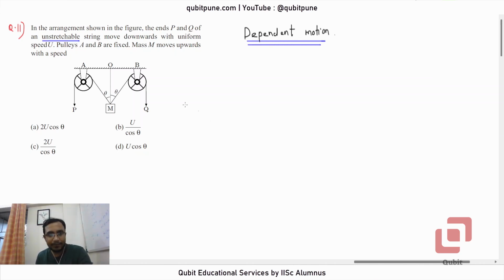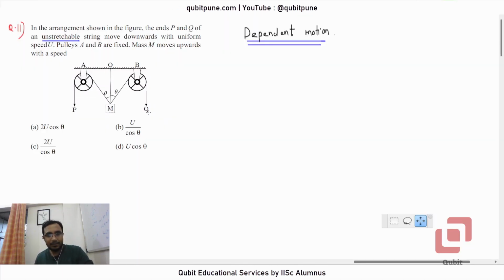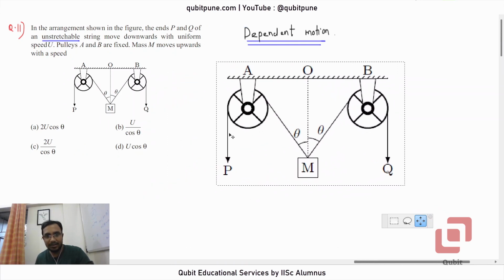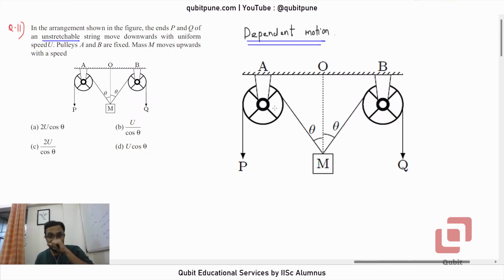Now I am going to draw a larger figure here so that we can show the details. Let us choose this point O as origin and select the vertically downward direction as the y-axis.